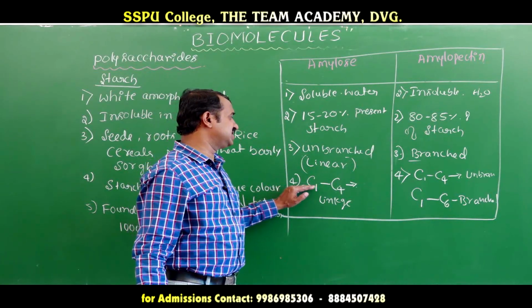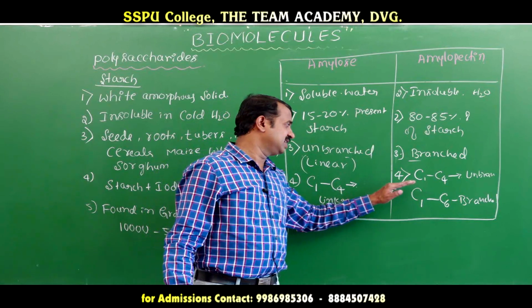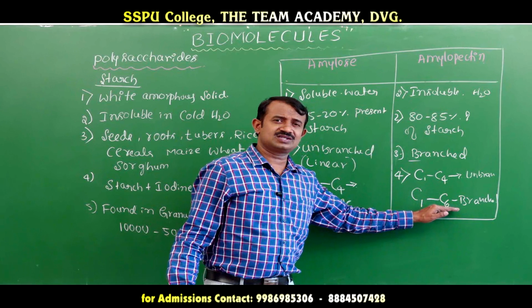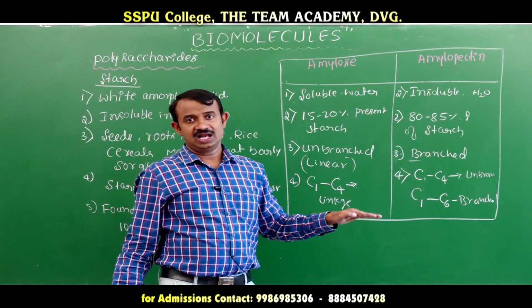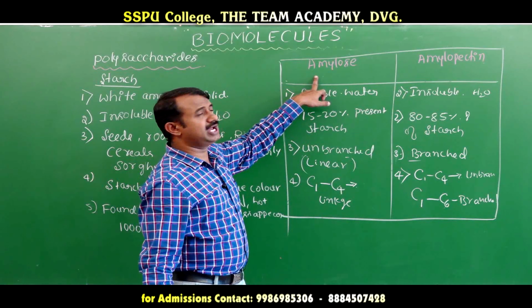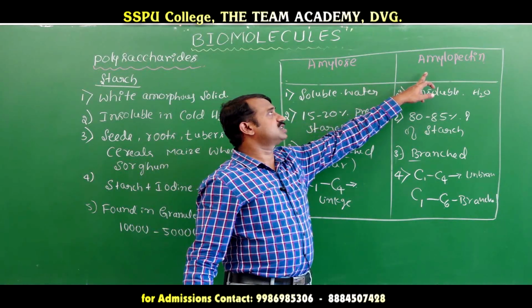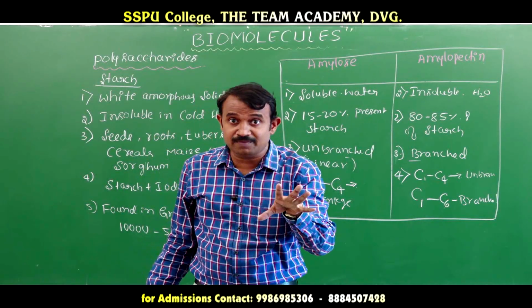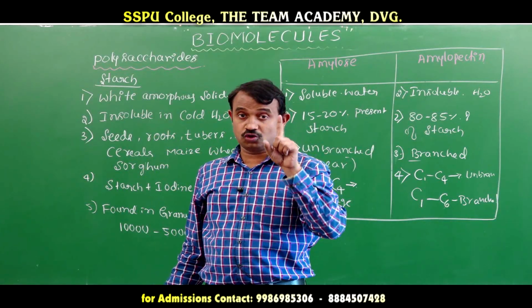The linkage in amylose is C1 to C4; in amylopectin C1 to C4 is unbranched and C1 to C6 is branched. Both monomers are the same, alpha glucose.